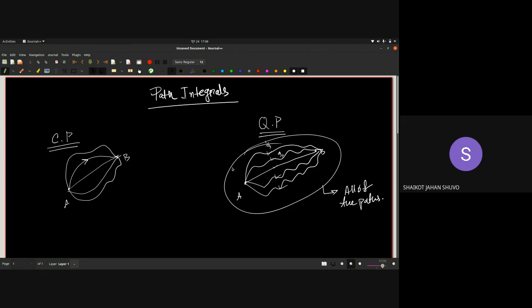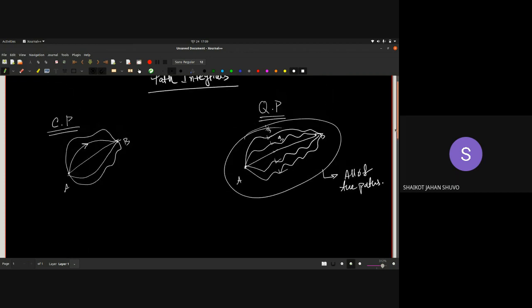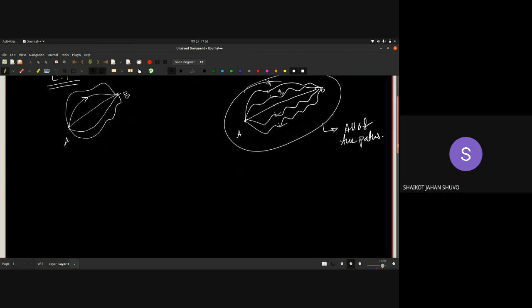In quantum physics, or the quantum picture, you are taking into account contribution coming from all the possible paths between A and B. But in the classical picture, there is only one path for which the action is extremized. So this is the difference between your classical and quantum picture.